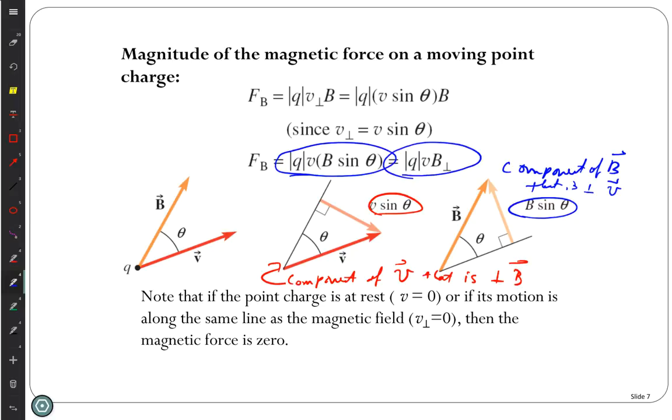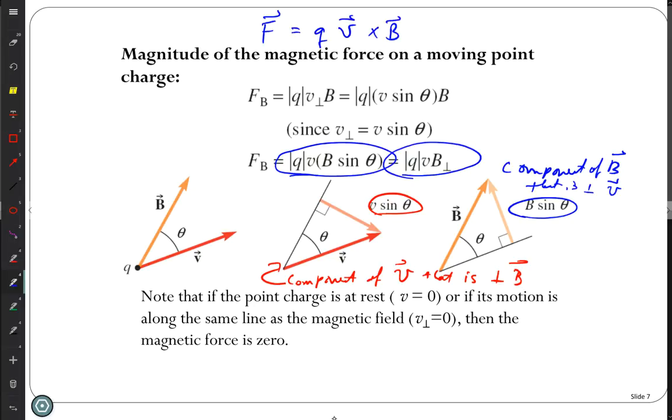Now let's look at this picture and determine what direction the force is going to be. So our equation is force equals Q V cross B. And let us presume Q is positive. So I use the right-hand rule.